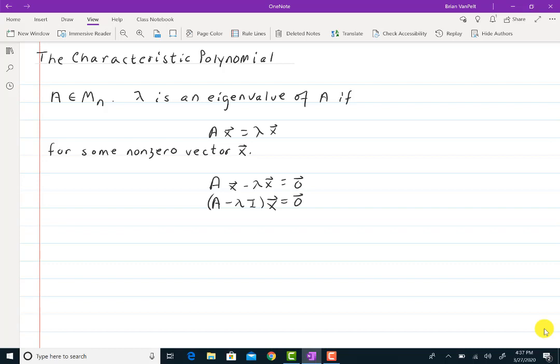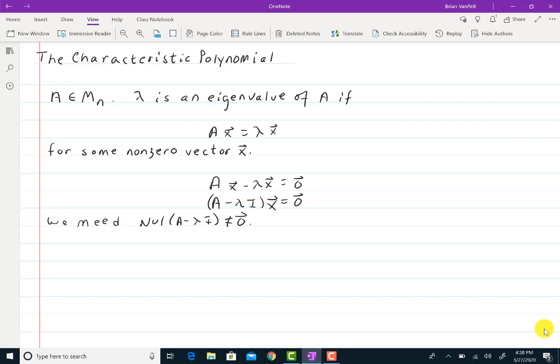And now, even for there to be non-zero x's available, for this to have a solution, we need that the null space of A minus lambda I is not just the zero vector.